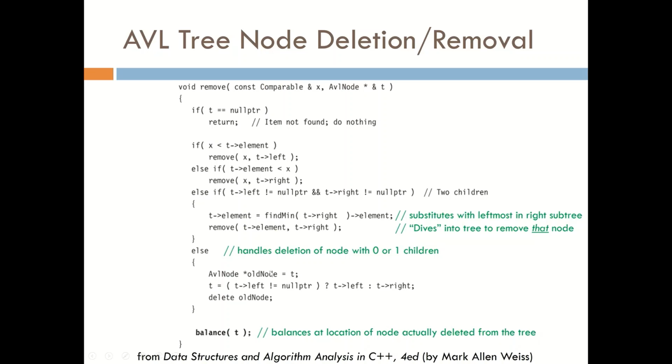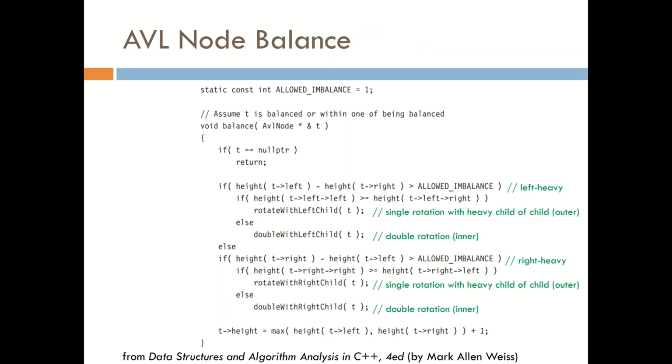The else clause will handle the deletion of nodes with either 0 or 1 children, and those are the three cases, and therefore once we exit this particular if with all these else's, we will then rebalance the node. So what does this magical balance function look like? Let's take a look at that.